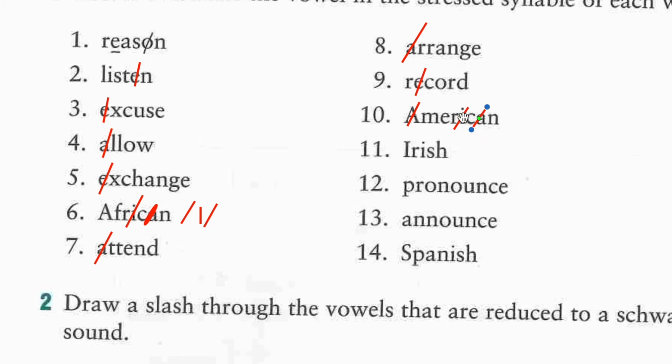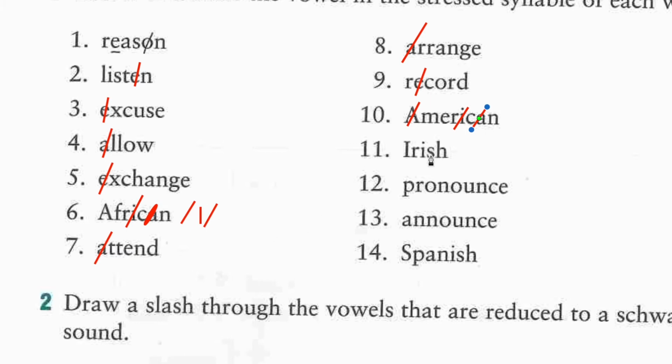Now once again, some people might pronounce the I in American, like African, but some people might also use the schwa. Listen to the difference. First, let's use the I sound. American. Now let's try it with the schwa. American. So again, many people might use the schwa here instead of the I sound.